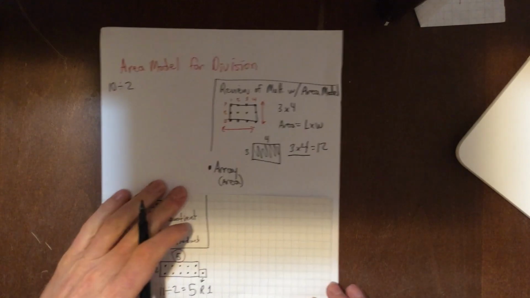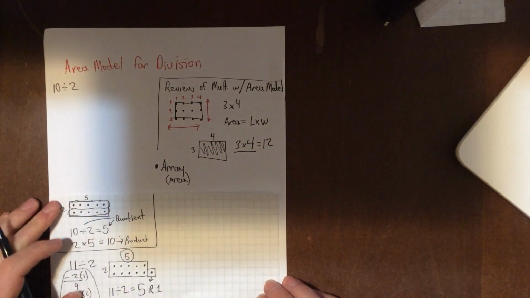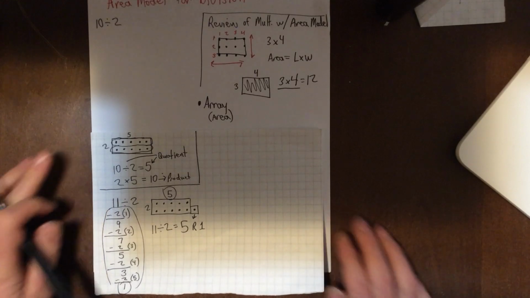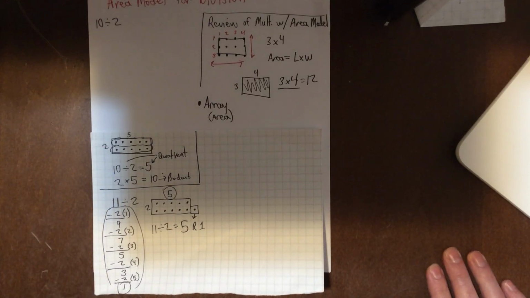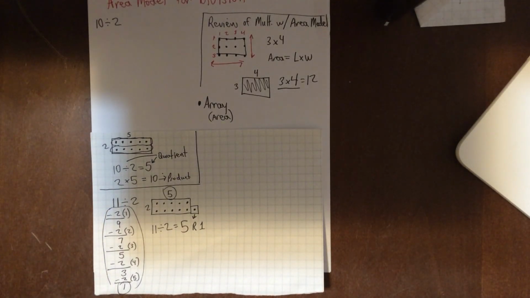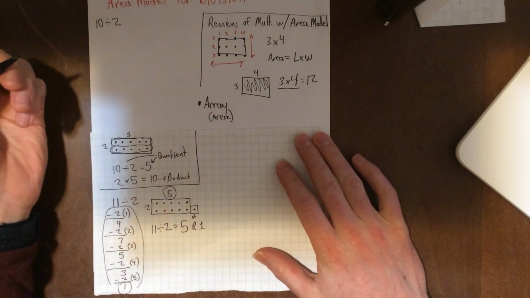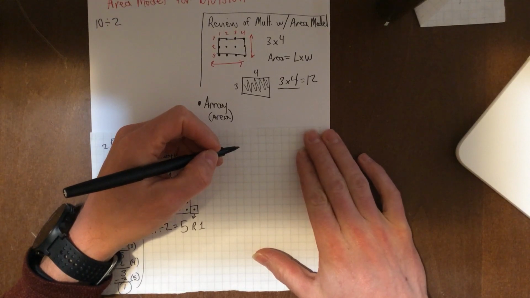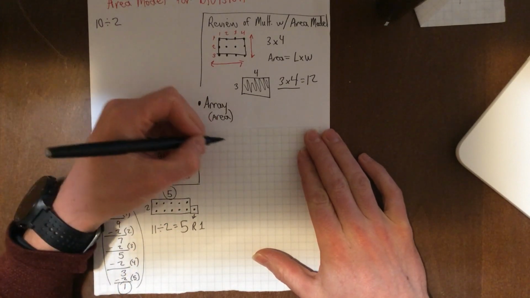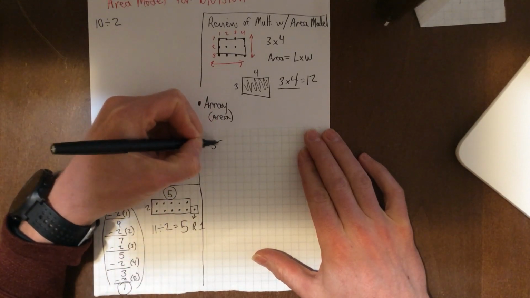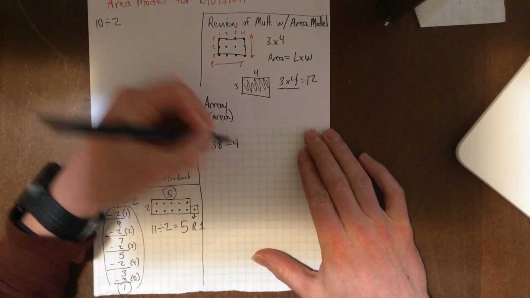Let's try something a little more difficult. We're going to try 38 divided by 4.